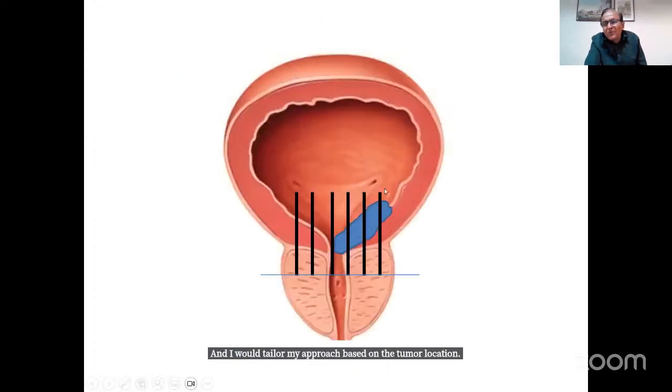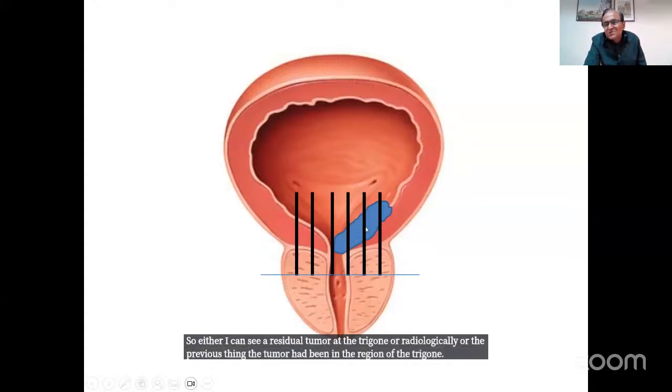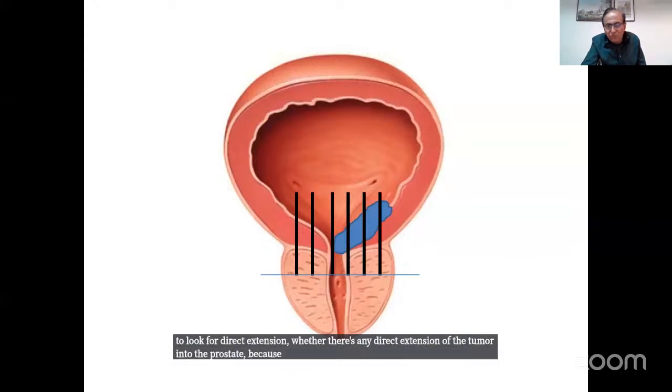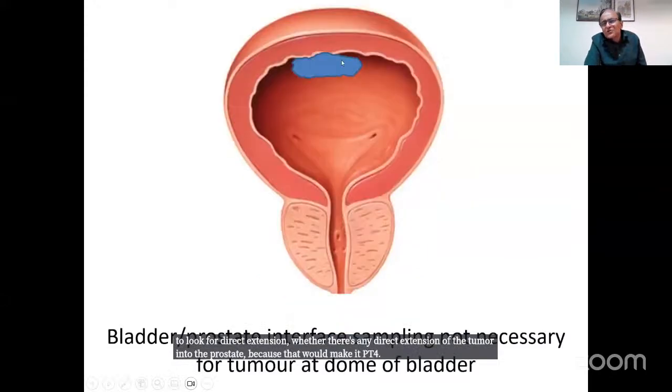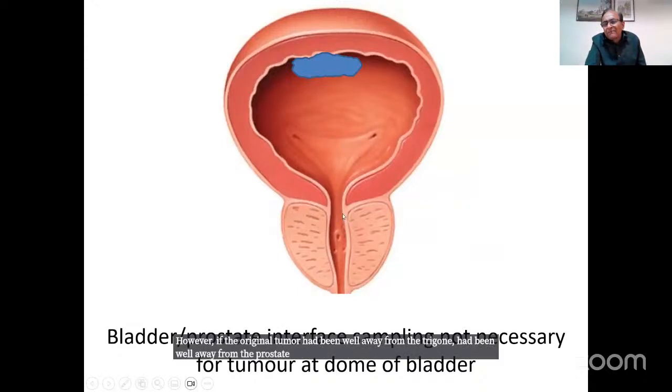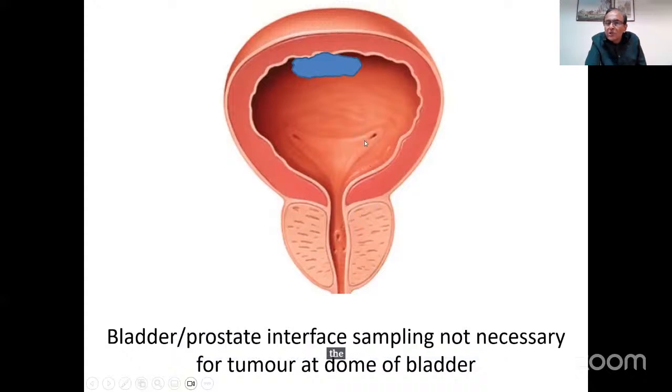If I've got a tumor located at the base of the bladder, near the trigone, either I can see a residual tumor at the trigone, or radiologically, or the tumor had been in the region of the trigone, then I take sections from the trigone into the base of the prostate, to look for any direct extension of the tumor into the prostate, because that would make it pT4. However, if the original tumor had been well away from the trigone and the prostate, I don't bother to sample the prostate-bladder interface, because there's no reason to suspect direct invasion of the prostate.